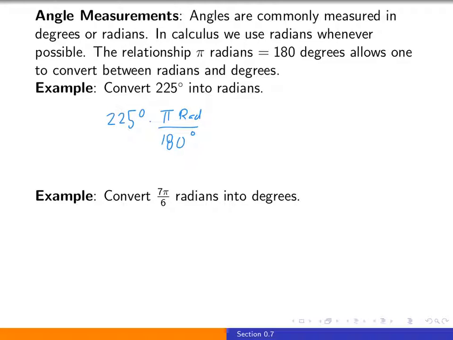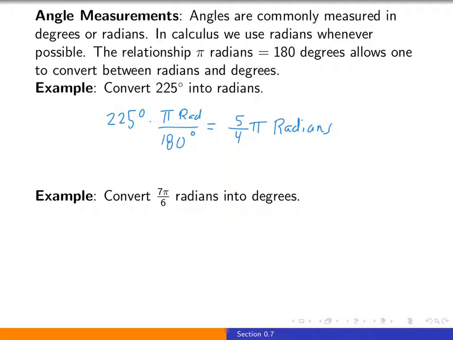Then in terms of units, we can think of the degrees as canceling, and we'll just be left with radians. And 225 divided by 180 is 5/4. So this would be 5/4 pi, and this is now measured in radians.